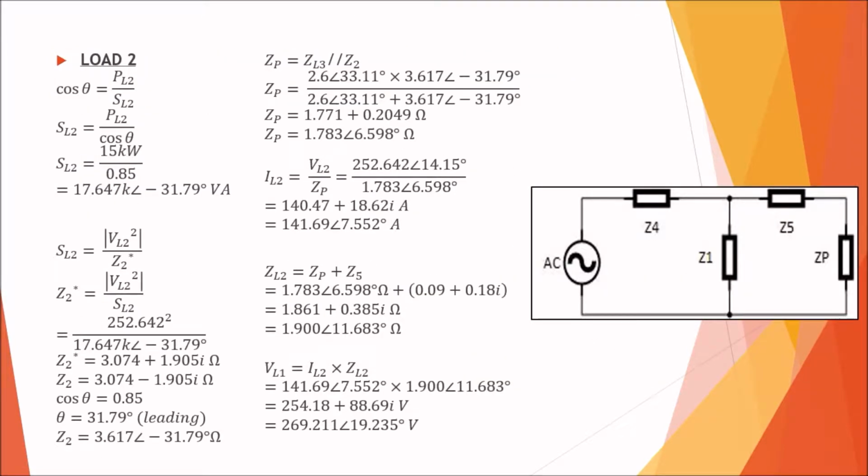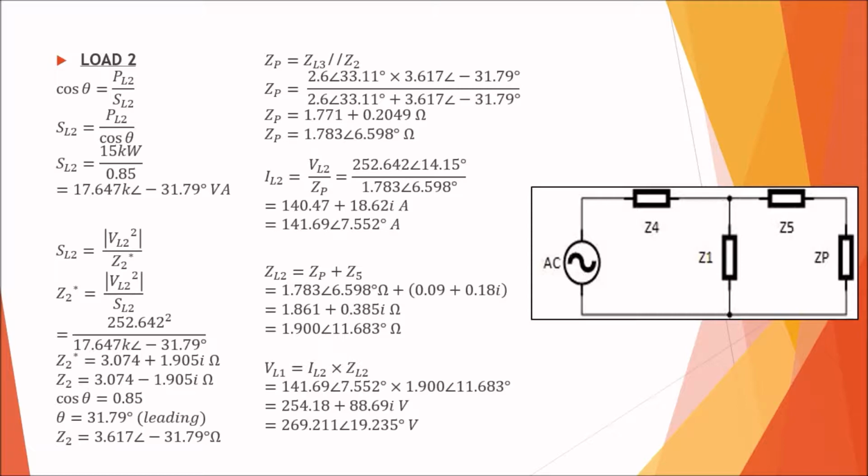By using the power factor given for Load 2, we can find the complex power at line 2, which we get as 17.647 kVA with an angle of negative 51.79 degrees. The negative angle is given by the leading power factor. Then, substitute the value of voltage at line 2 that we got earlier and this complex power into the complex power equation.